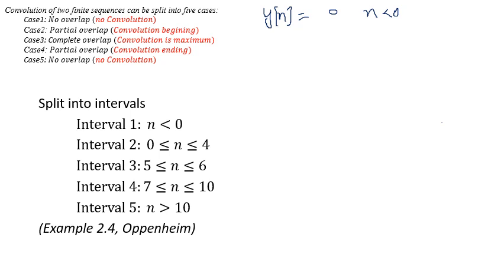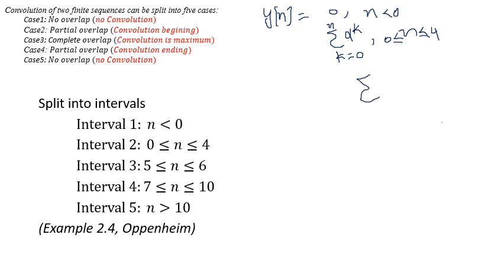Then we find that y of n equals the summation, k running from 0 up to n, of alpha power k. And what is the range of n for this representation? n is equal to or greater than 0 and less than or equal to 4.